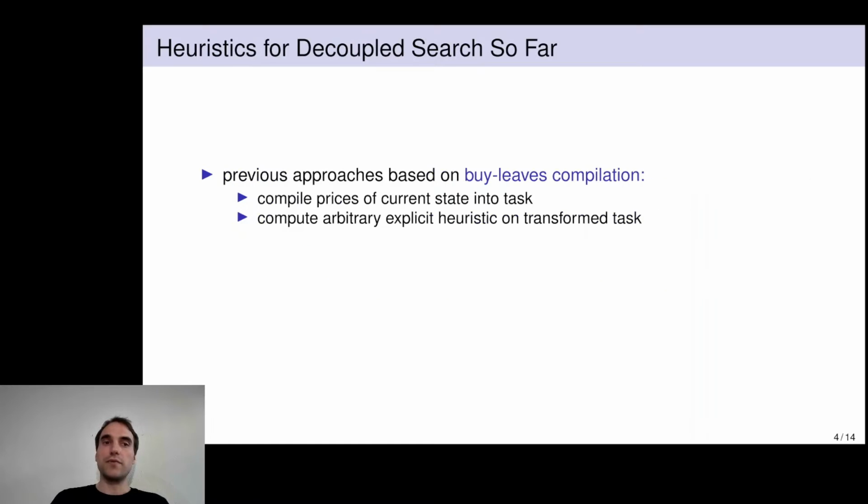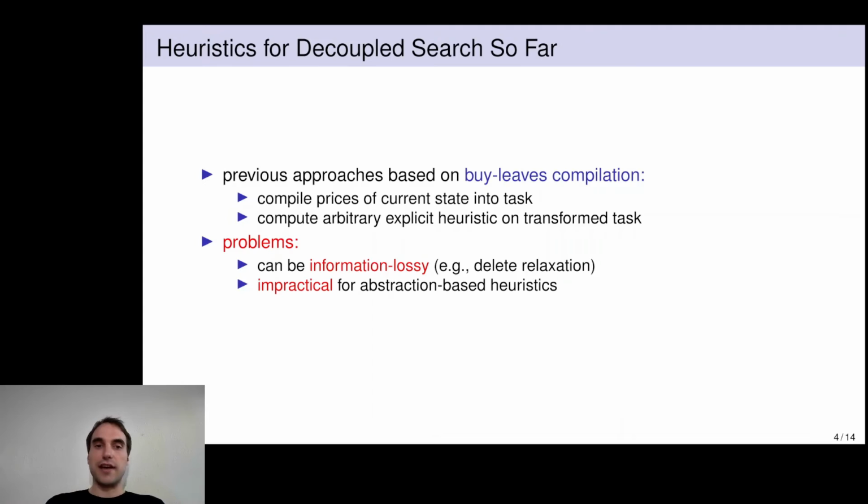Now the question is, how can we use heuristics for decoupled search? And all previous approaches are based on the so-called by-leaves compilation. Since we somehow need to make the information about the leaf prices available to the heuristic and cannot directly use explicit heuristics because they don't know about these prices, the idea is to compile the price information depending on the current decoupled state into a compiled task, and then to use the explicit heuristic on that compiled task.